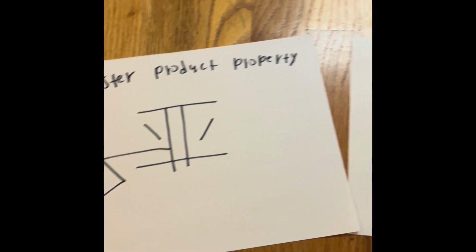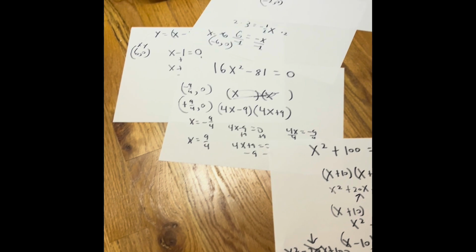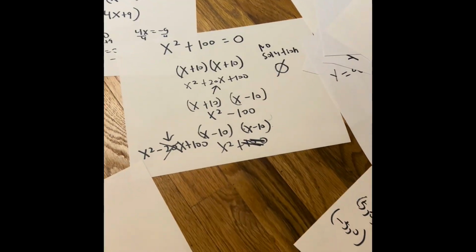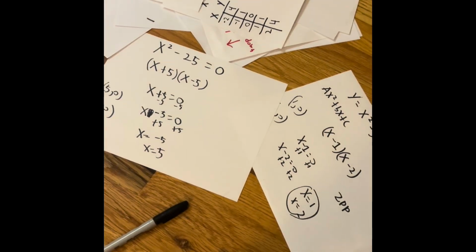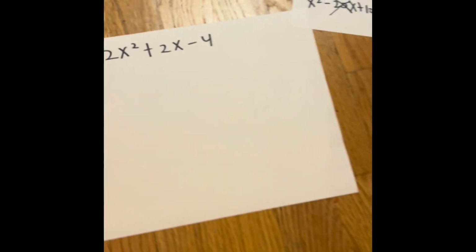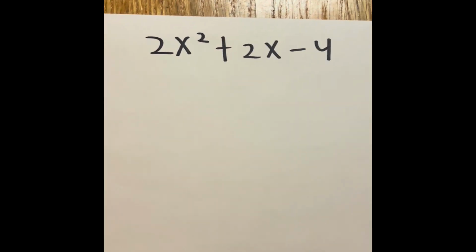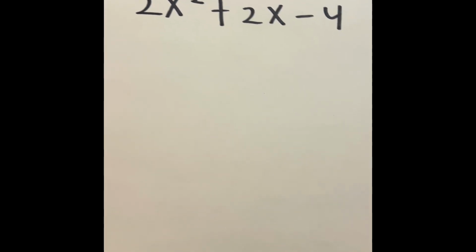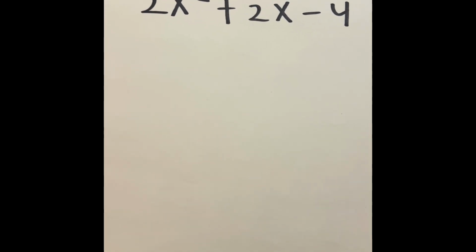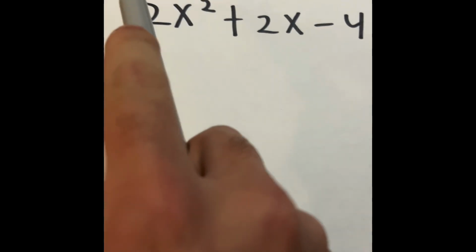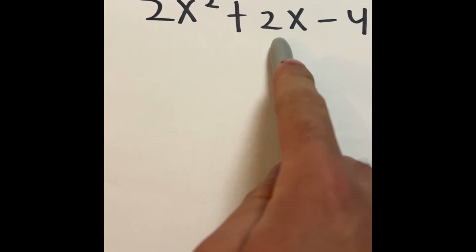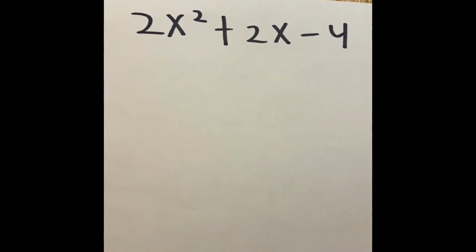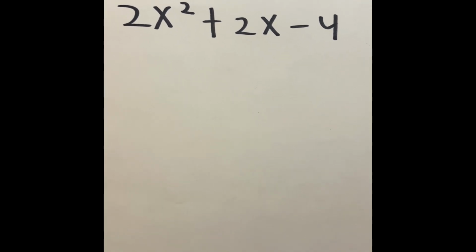In the past few videos, we have been solving a lot of quadratics. But what we're going to do is a little warm-up. We could start factoring, but there's a little shortcut. Notice how the a, b, and c values are divisible by 2.